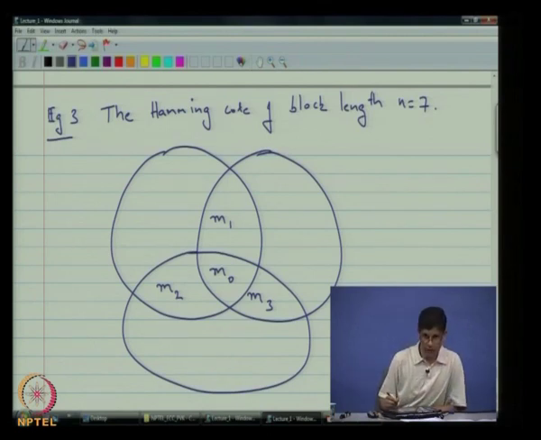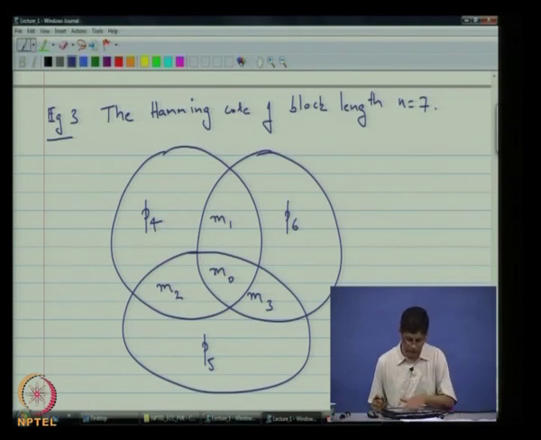Let us go about seeing how, after all, the code has block length 7, that means there are 3 more symbols to this code word. Let us go about introducing them. So, the code symbols are P4, P5 and P6.